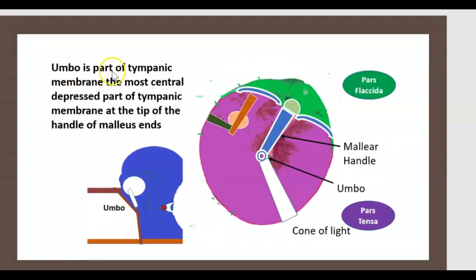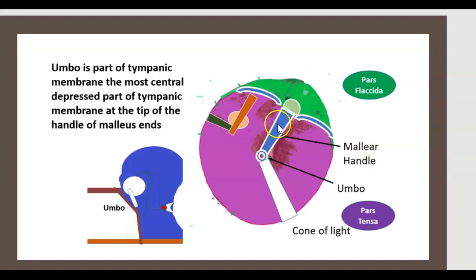The umbo is the most central part of the tympanic membrane, the depressed part at the tip of the handle of the malleus. This, the green, is the pars flaccida, and this is the pars tensa.